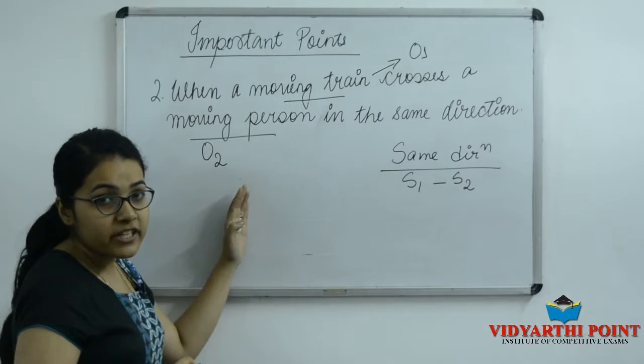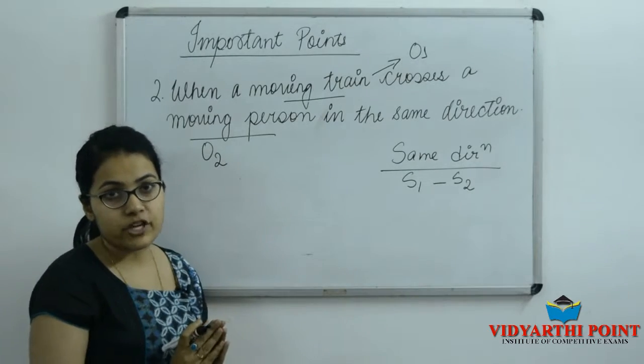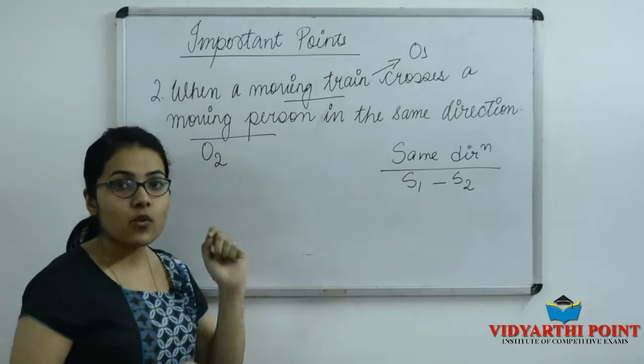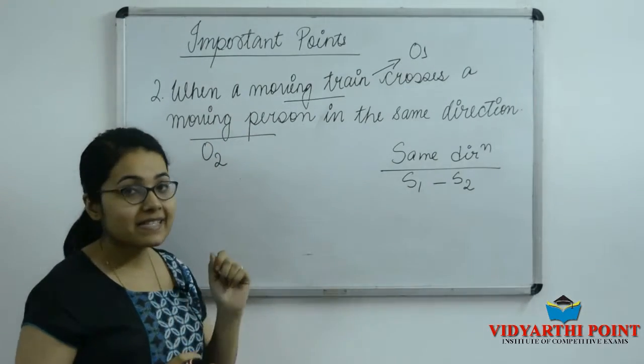Here the object is not stationary, but it is a vertical object, and I have explained earlier that whenever the object is vertical we do not take its length.